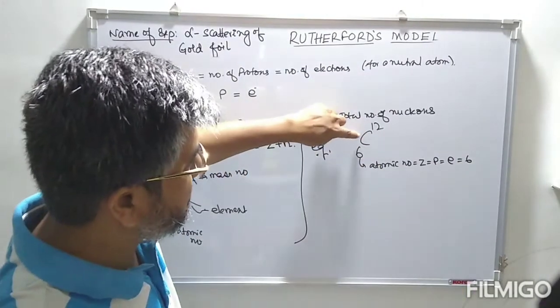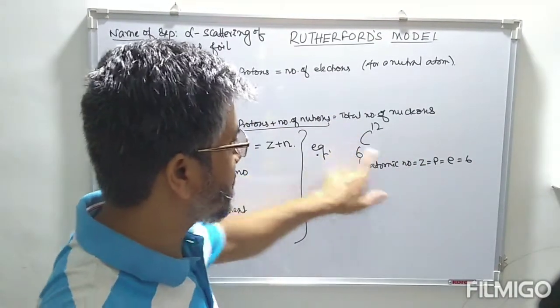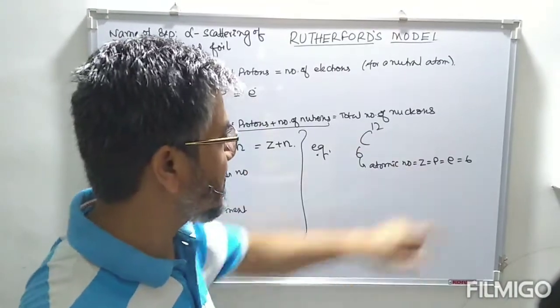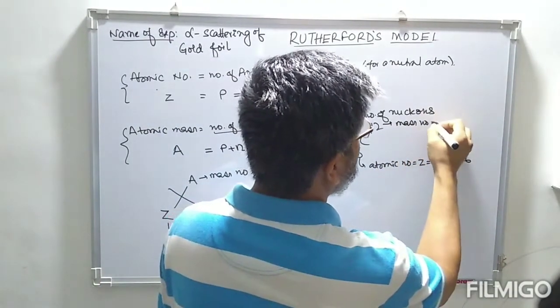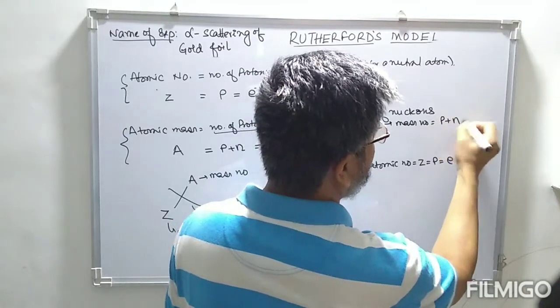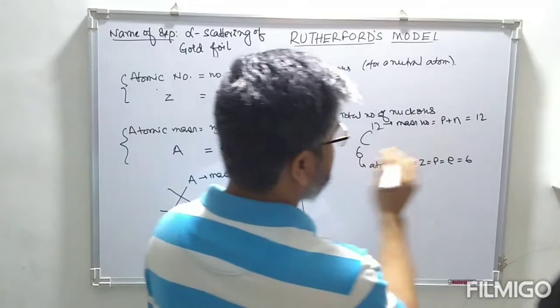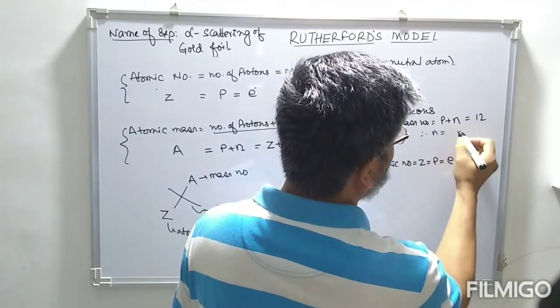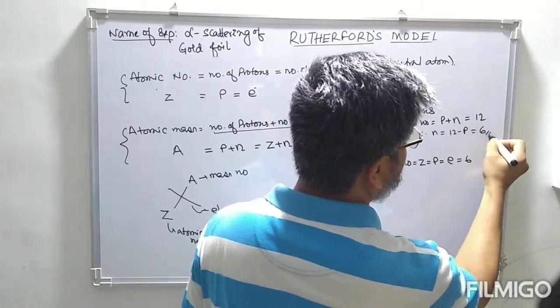So the number of electrons in carbon is 6, and the number of protons is 6, which is defined as the atomic number. The mass number is equal to number of protons plus number of neutrons, that is 12. Since the number of protons is 6, the number of neutrons is 12 minus 6, so this is 6.